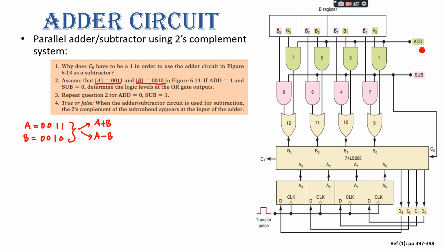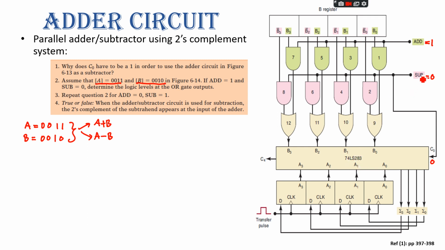In this circuit, if we give add equals 1 and sub equals 0 command, then what will happen? This 0 will come here as 0, so the input carry for this 4-bit adder would be 0.